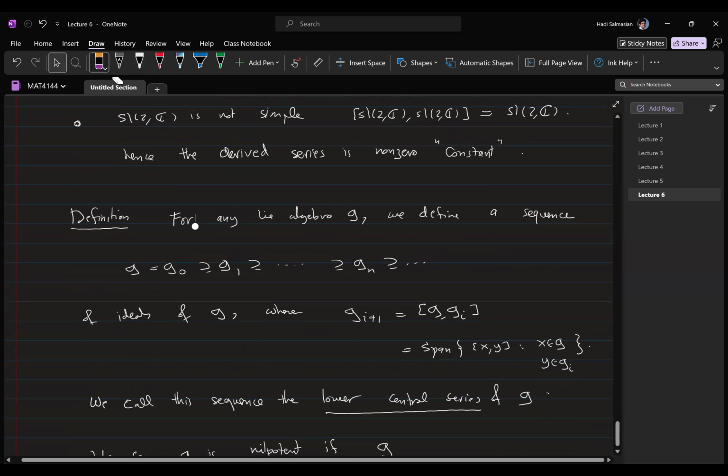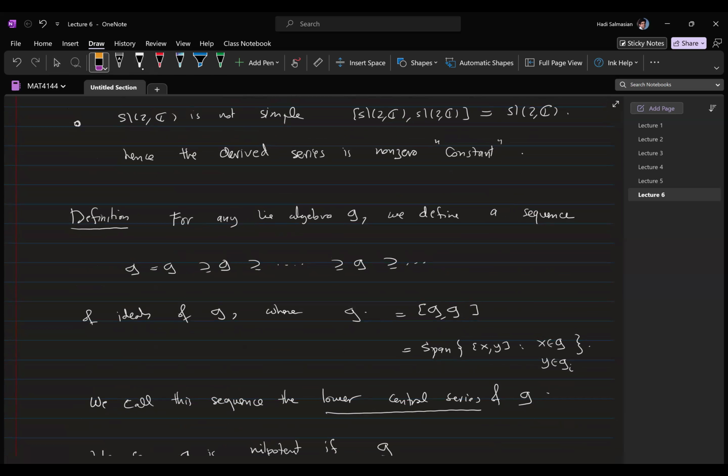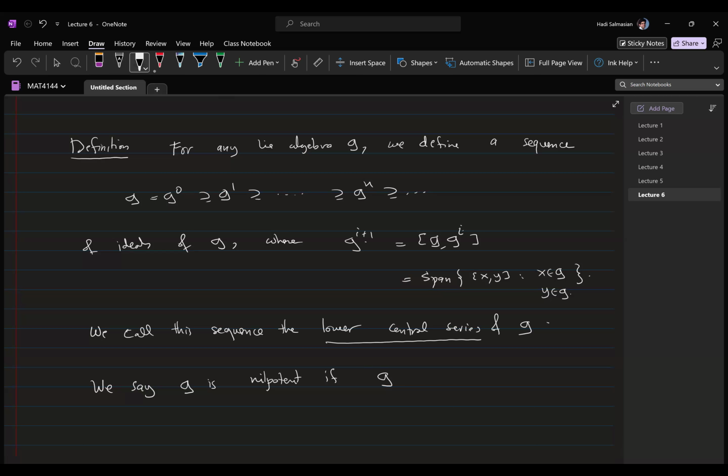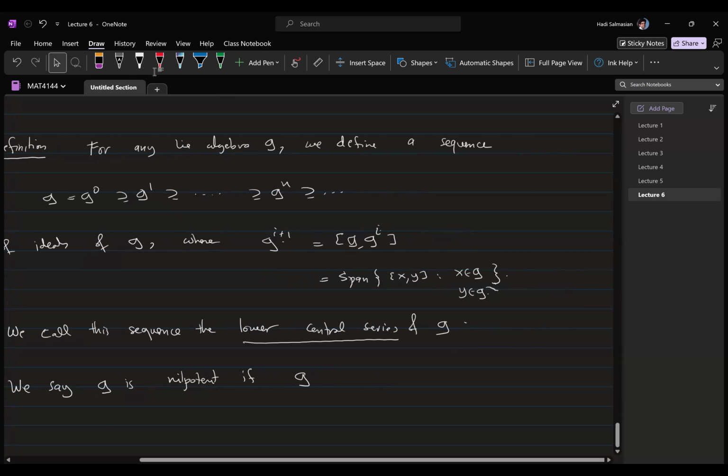Here the indices, maybe I should write them above, because for the derived series I wrote them below: G_0, G_1, G_n. So here G^(i+1) is [G, G^i].